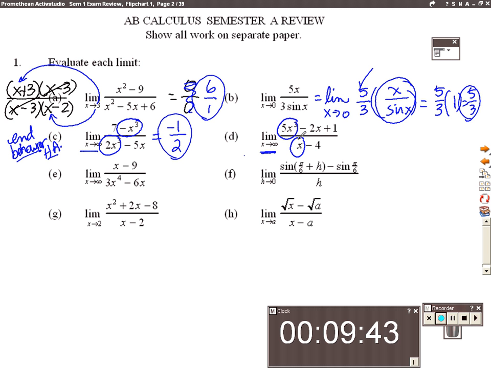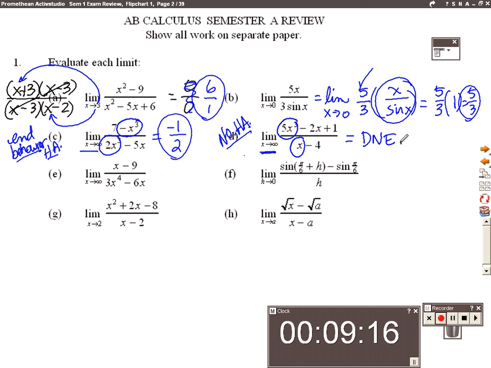In this case, there is no horizontal asymptote. There is a slant asymptote. We don't have to find it. But since there's a slant asymptote, we know that the function is either approaching positive infinity or negative infinity at the end. Either way, the limit does not exist because of unbounded behavior.